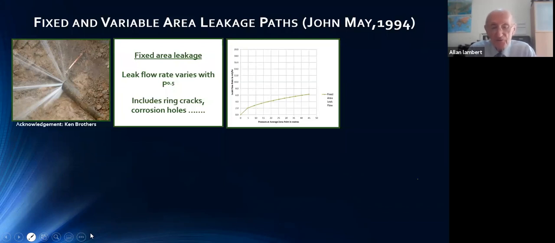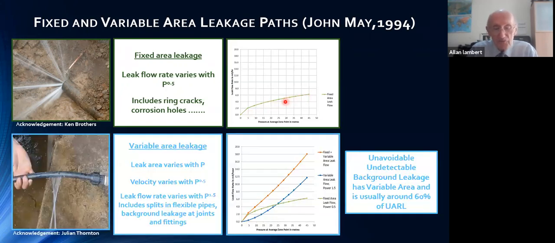The green curve to the right shows that these flow rates are relatively insensitive to pressure, and have a power law N1 of 0.5. However, if we have a variable burst in a flexible pipe material, where the area of the burst or leak expands with the pressure, then the leak flow rate is much more sensitive to pressure, and it follows the blue rising curve.